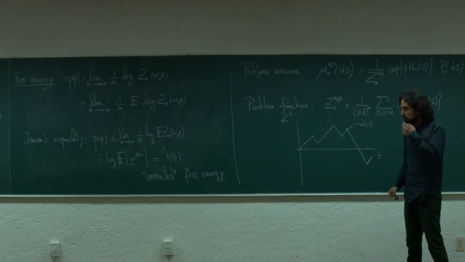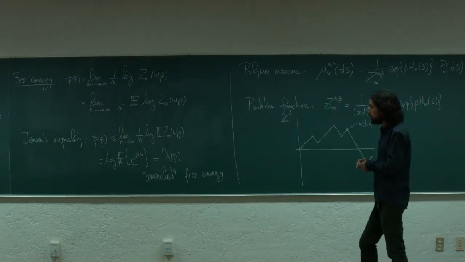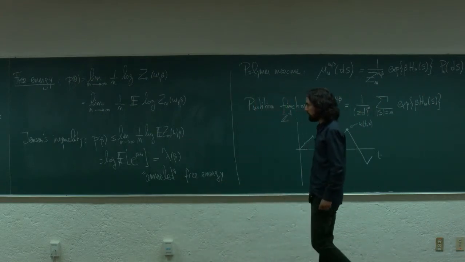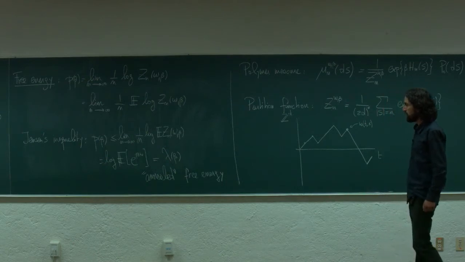So that's a completely general inequality. This quantity is finite because they assume from the start that these random variables have finite exponential moments.